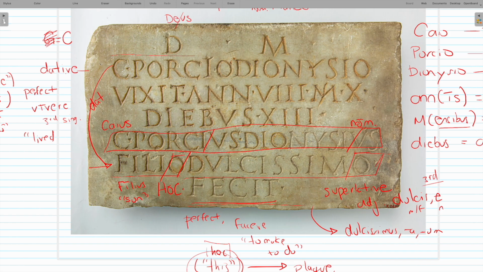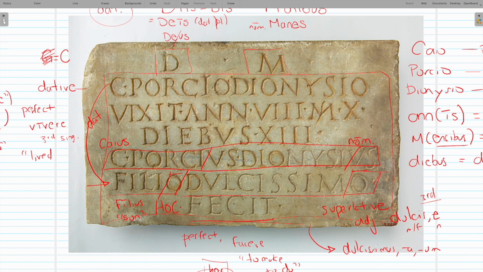Okay, so this is the plaque. This is what the plaque says. And of course, here above, the dis manibus, a dedication also, addressing the spirit of the dead. So as you can see, the structure is quite typical, because in every Roman inscription, especially funerary inscription, you will have the person who dedicates, who bought, who paid for the plaque in the nominative, because that's going to be the subject.